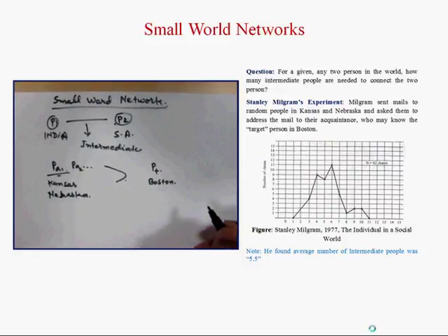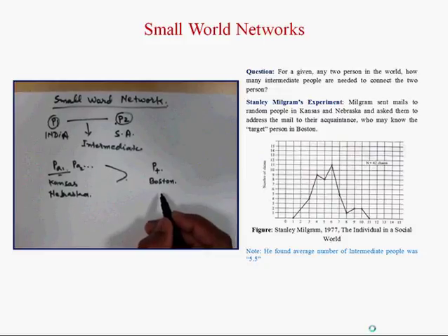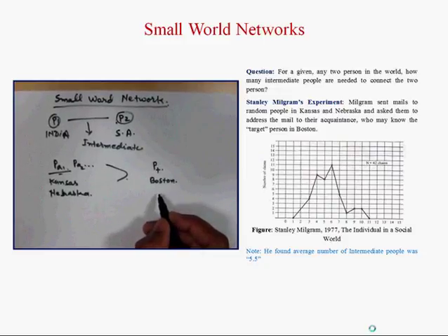After the entire experiment, he found that the average number of intermediate people was just 5.5.